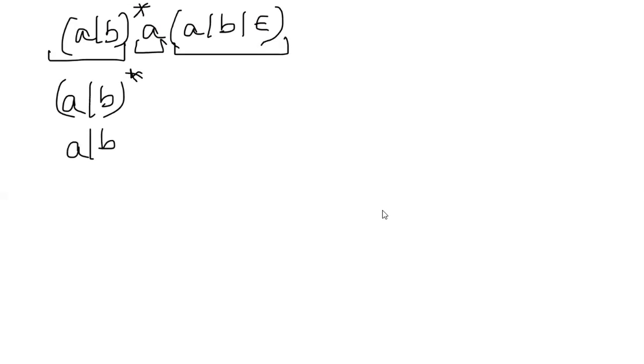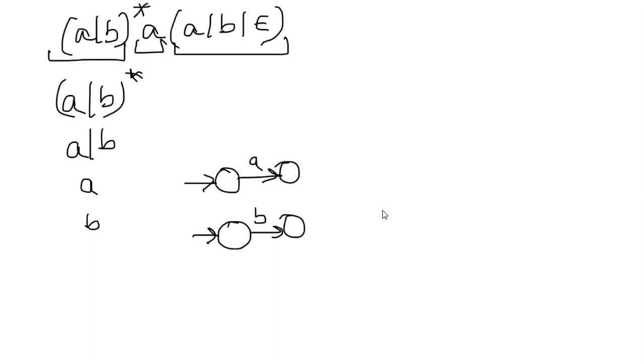Now, A or B is quite simple. And for that, I need to write A and then I need to write B. So for A, I have simply A, and for B, I have B. Okay.